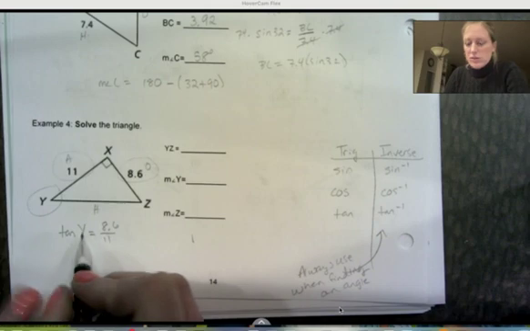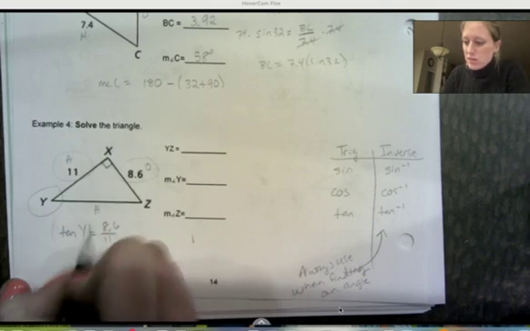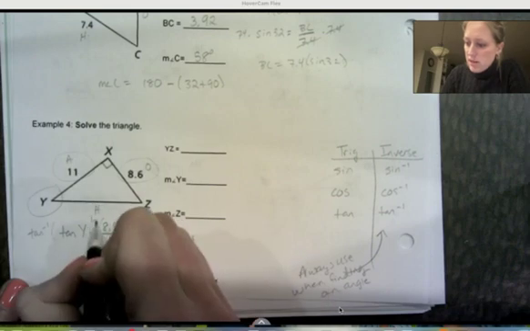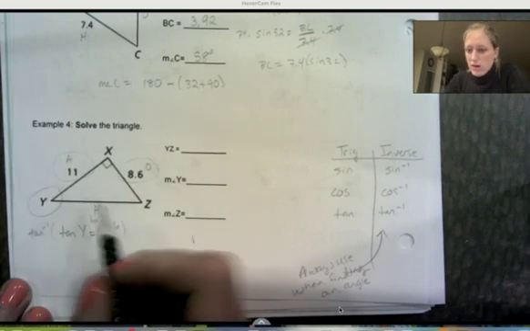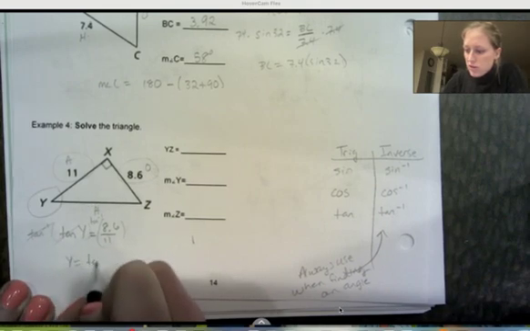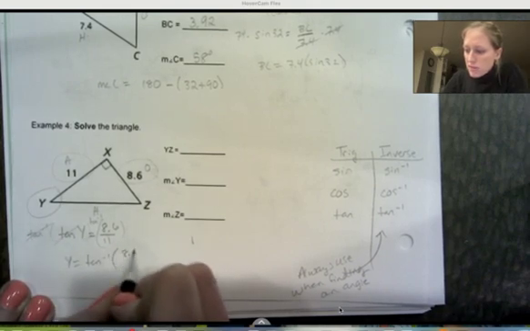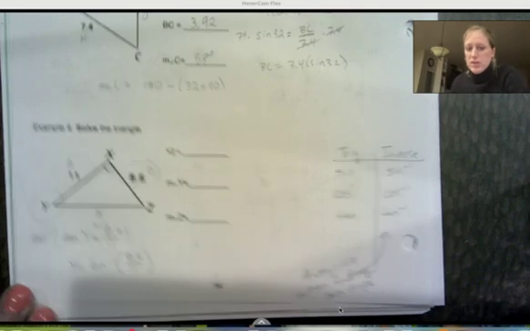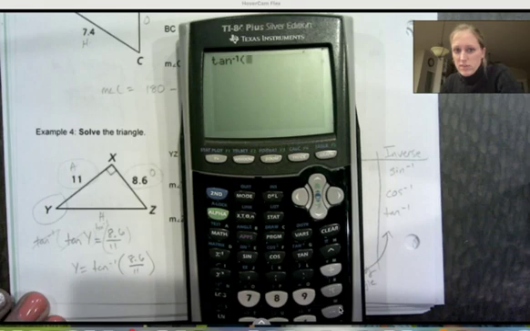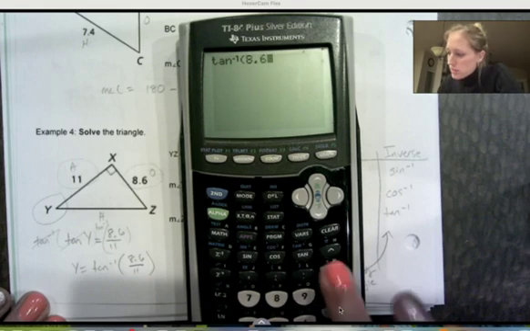Okay, to get y by itself, we're going to take tangent inverse of both sides. Okay, so tangent and tangent inverse cancel. So I have y is equal to tangent inverse of 8.6 over 11. So second tan to get the inverse, 8.6 divided by 11.